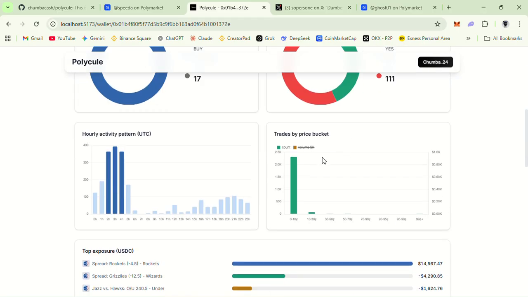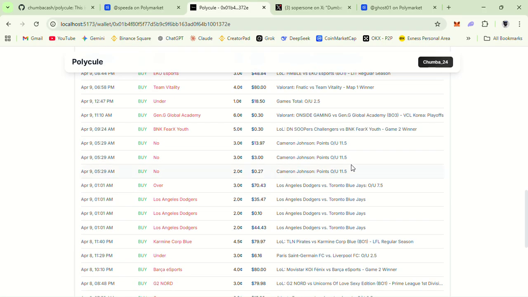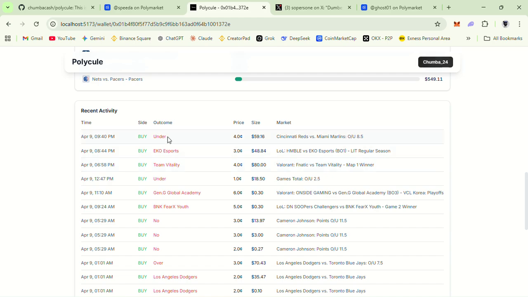This is good because if he's buying at one cent or even around 0, a 1 win would make him a lot of money. Quite makes sense. You can see the trades that he does.